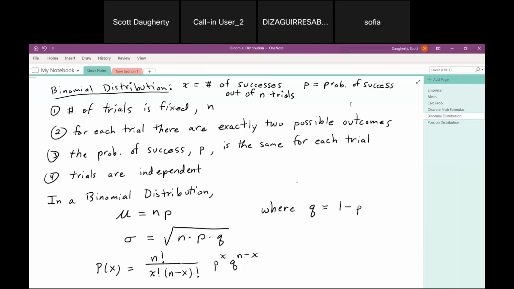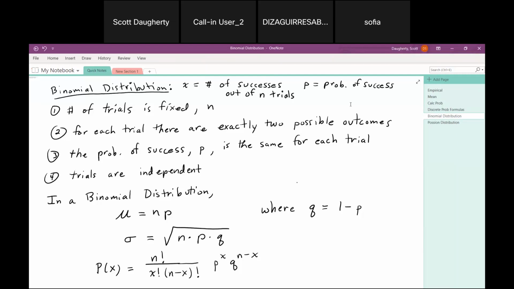However many trials you're running, it must remain the same every time you run the procedure. Second, every time you run a particular trial, there has to be exactly 2 outcomes possible. Third, the probability of success has to be the same for each trial.